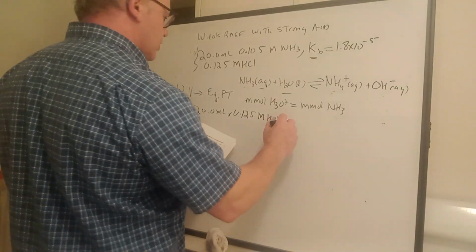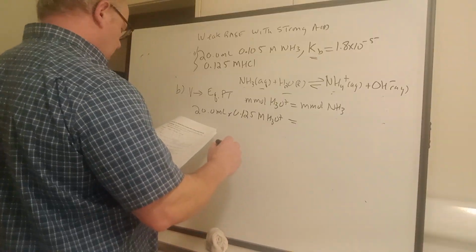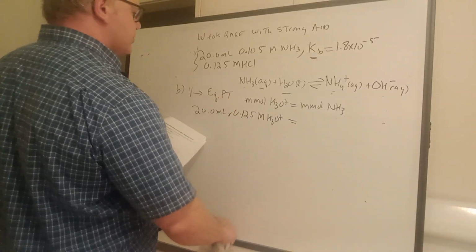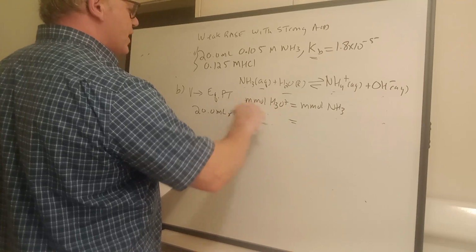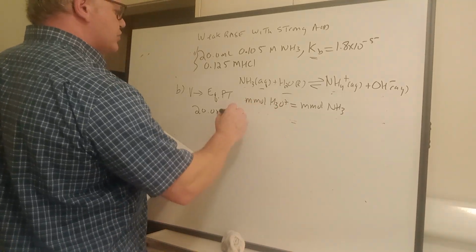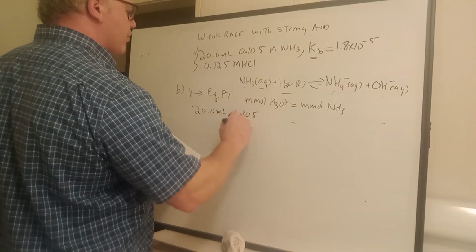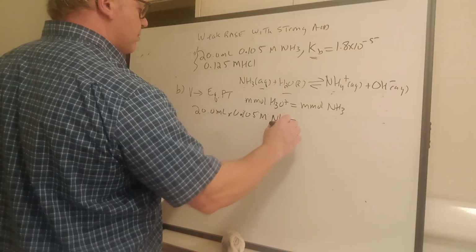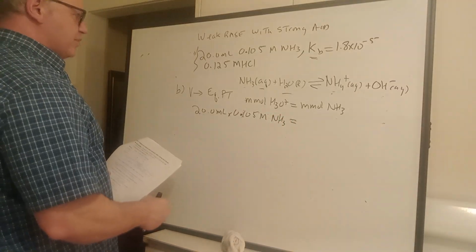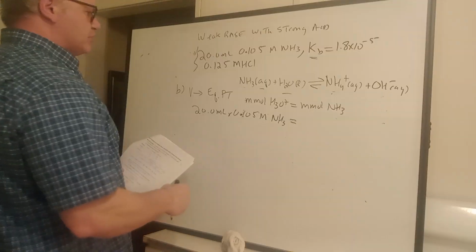And that's going to be equal to, and I'm doing this wrong here. No wonder I'm writing two different things down. We've got 20 milliliters of the 0.105 molar ammonia, right? We're solving for the volume of HCl. So I was thinking correctly, I wrote the wrong chemical down.